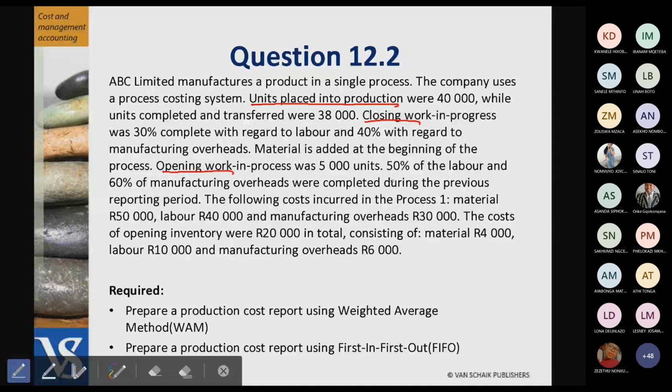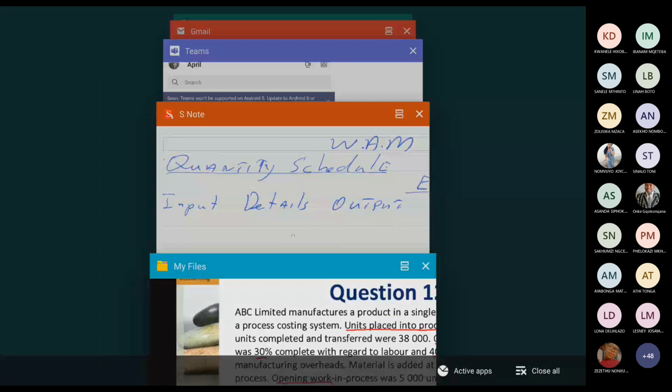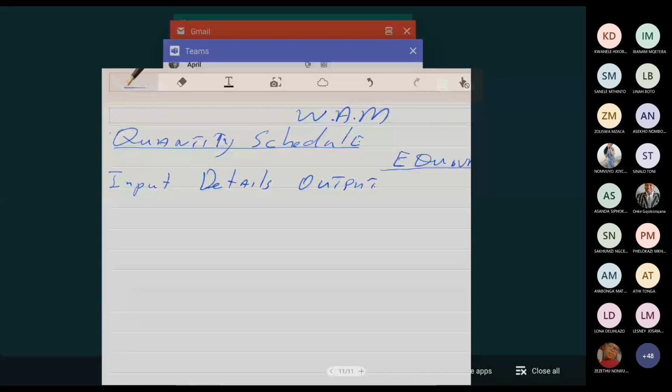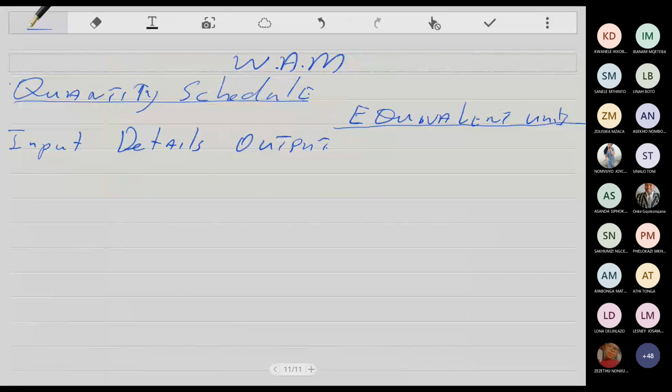The same applies when you look at your closing: 30% completed by the labor and 40% completed by your overheads. So you can't match and say that we'll just simply have conversion cost. You need to keep them separate. So we'll have direct material, direct labor, manufacturing overheads.